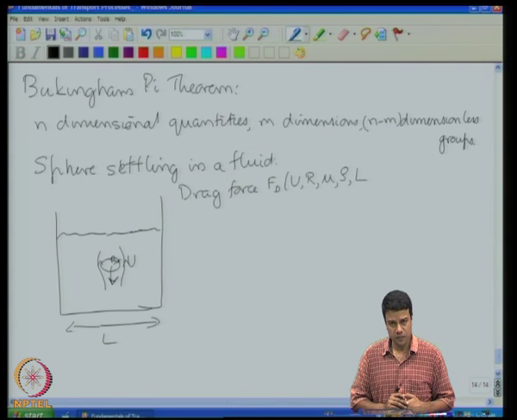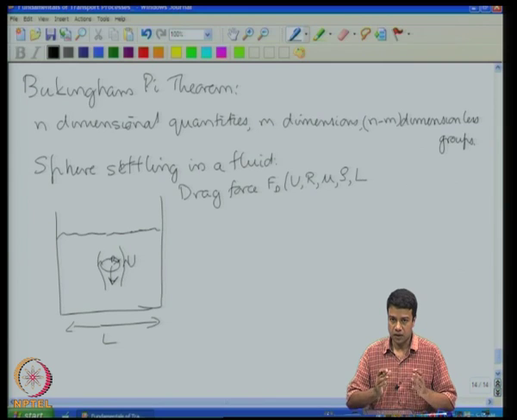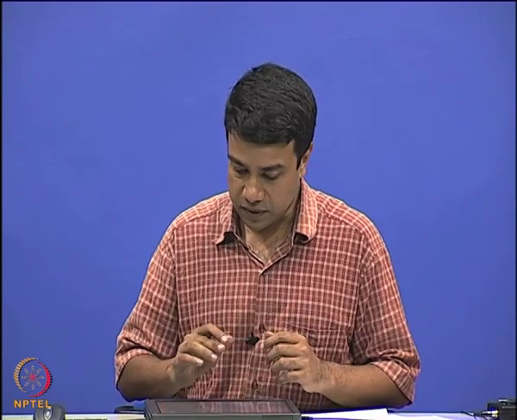Similarly, the density of the particle is not important as far as the frictional force is concerned. The frictional force depends only upon how the fluid is flowing around the particle, and how it flows depends upon the velocity around the particle and the balance of forces within the fluid. The solid density does not appear anywhere in this balance of forces within the fluid. Therefore, the solid density cannot be a relevant parameter here.